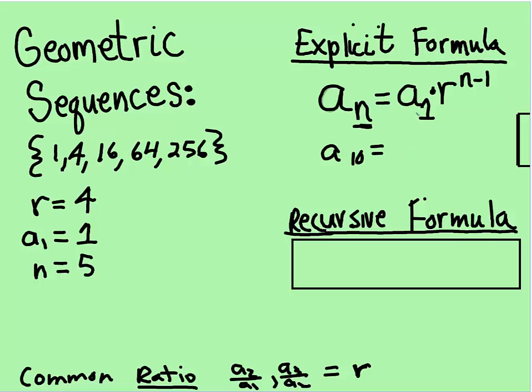Well, that's the first term, a sub 1, which is 1, times the common ratio, which in this case is 4, and then 4 is raised to n subtract 1. Well, in this case, we're looking for 10, so 10 subtract 1, 4 to the 9th.